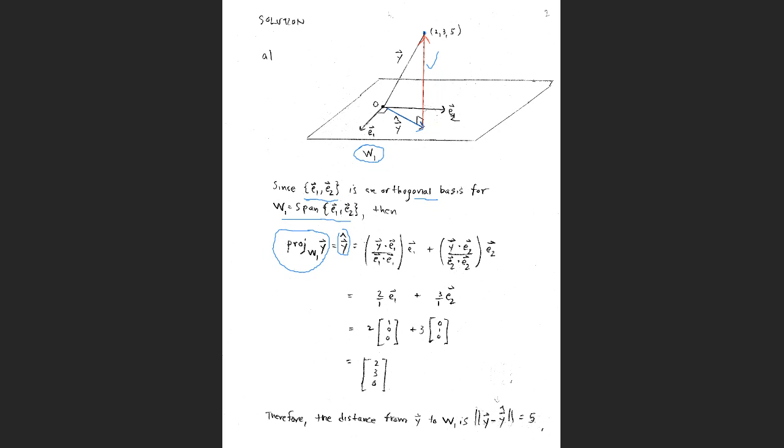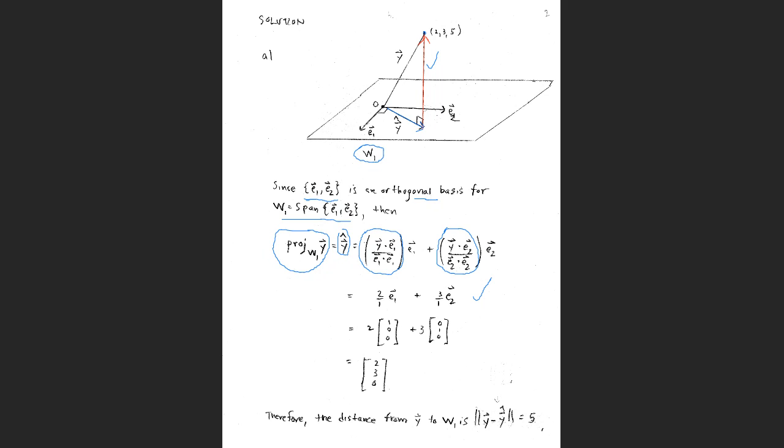Because you have an orthogonal basis, the coefficients of E1 and E2 may be found using these nice formulas that are true only when you have an orthogonal basis. The dot products I computed, they're not hard, you compute the dot products and you will get this.